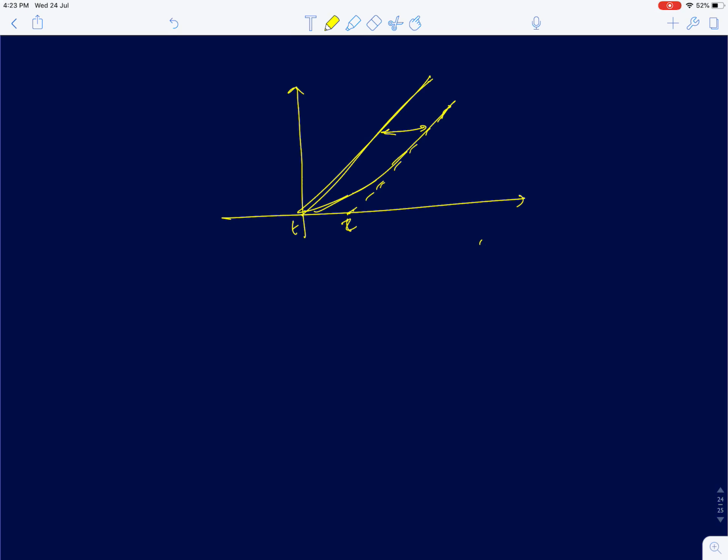So if the input is m into t into u of t, your output would actually be, in the steady state, t minus tau into u of t. In the steady state, the gap between the input and the output is actually m tau.